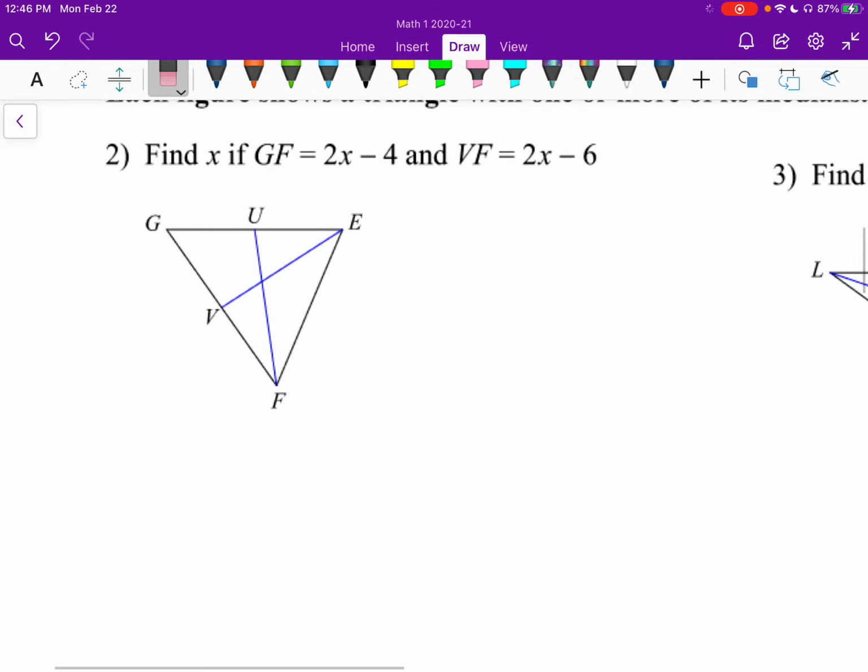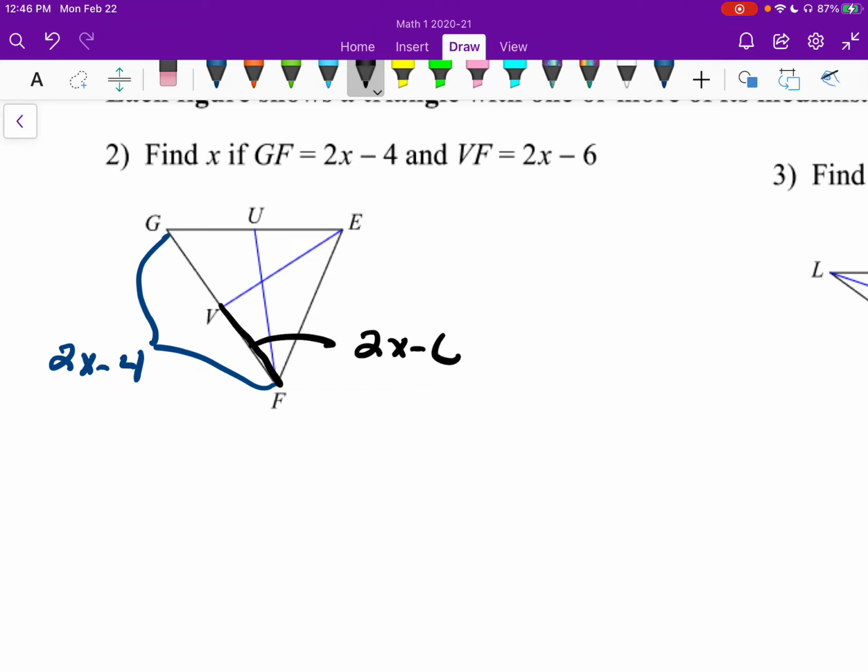All right, find x if GF is 2x minus 4. So GF, that piece here is 2x minus 4. And VF is 2x minus 6. Well, we know that this piece and this piece are congruent, right?